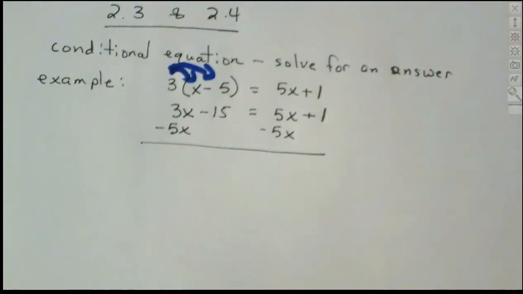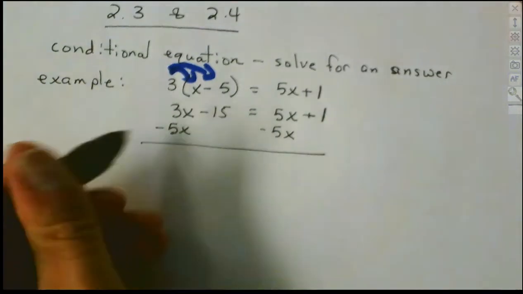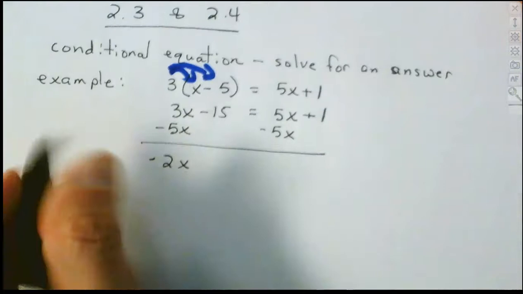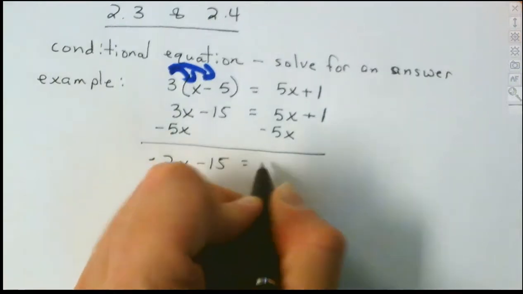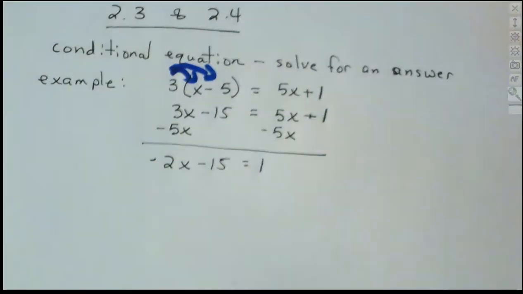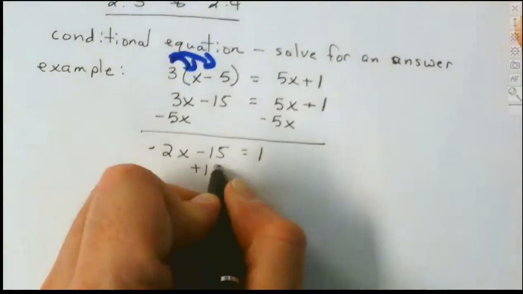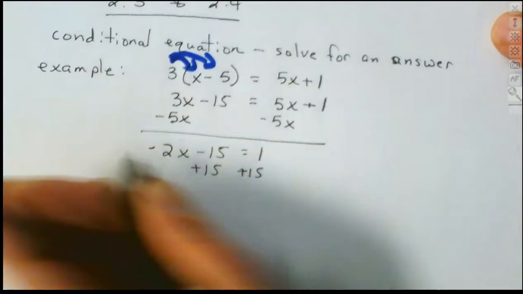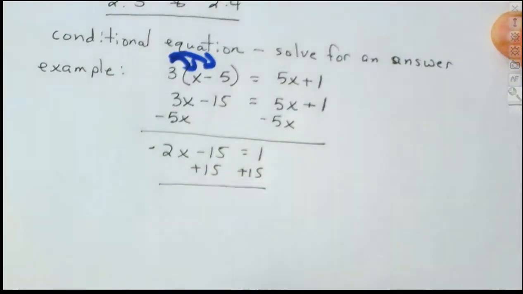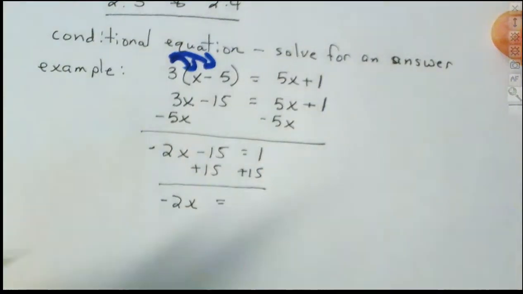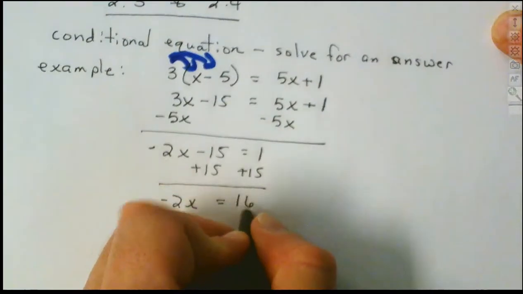So I'm going to move that variable over first. 3 minus 5, that makes it a minus 2x minus 15 equals 1. Next step is add that 15 to each side. That's going to leave you now with a minus 2x equals 1 plus 15, that's a 16.